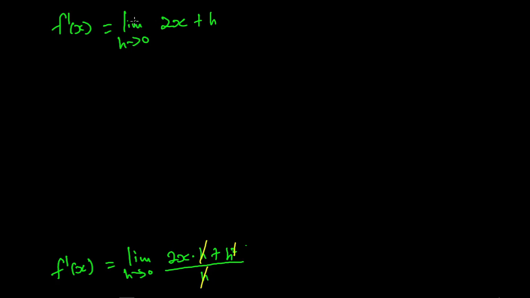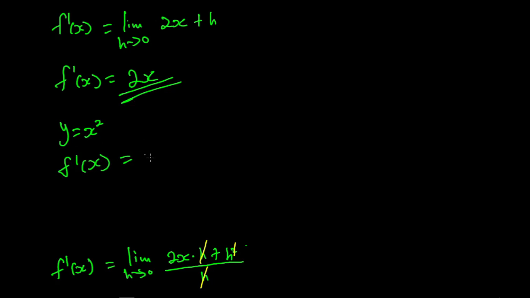Now to remove this limit as h approaches 0, we are going to replace everywhere we see h with 0. That means f prime of x is equal to 2x, which is the derivative of our function. That means if y is equal to x squared, the derivative of that expression is equal to 2x.